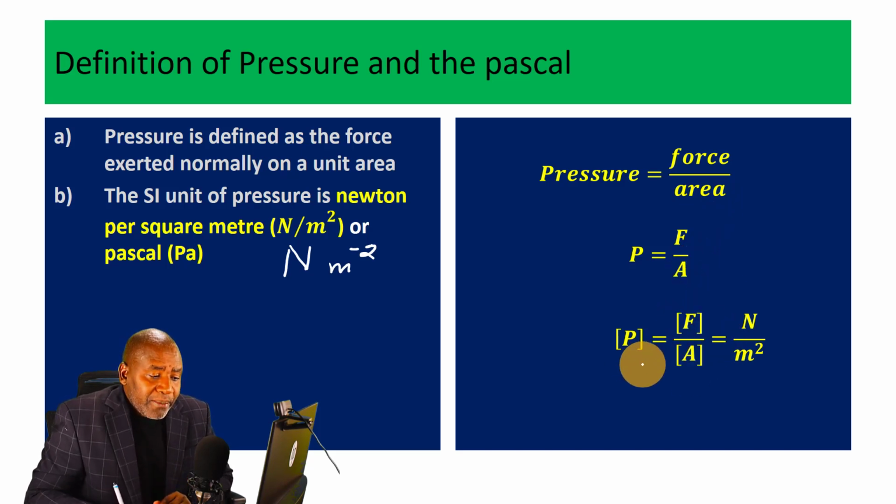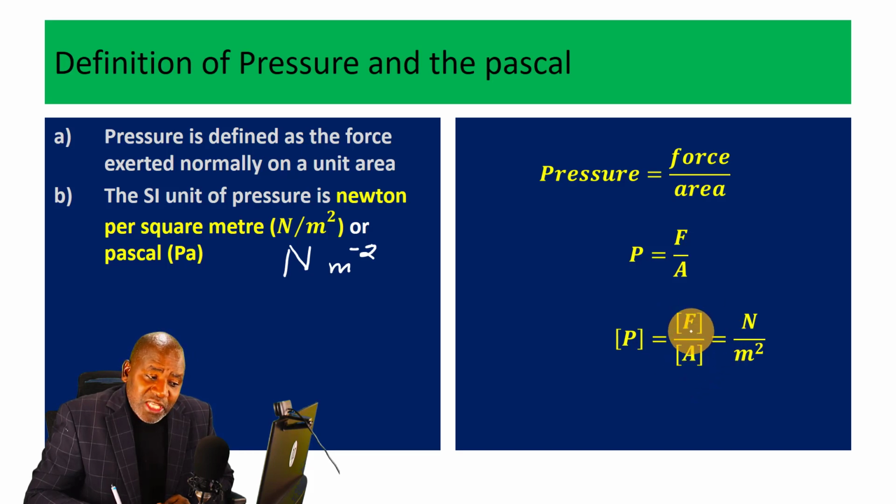When we are talking about SI units of a given physical quantity, we put that physical quantity in square brackets. So this is what it means. P in square brackets is read as the SI unit of pressure is equal to the SI unit of force divided by the SI unit of area.